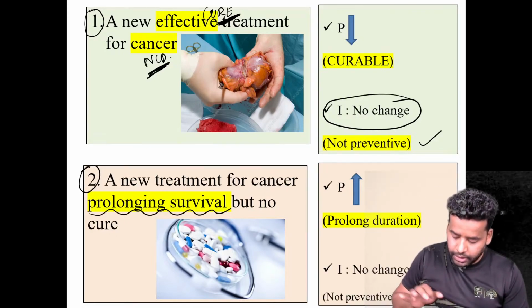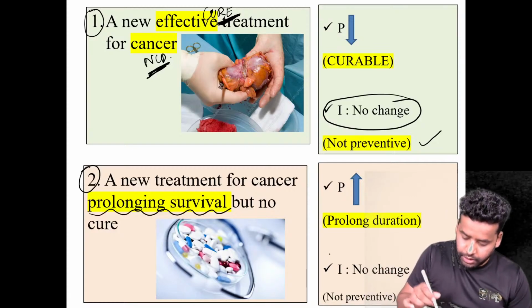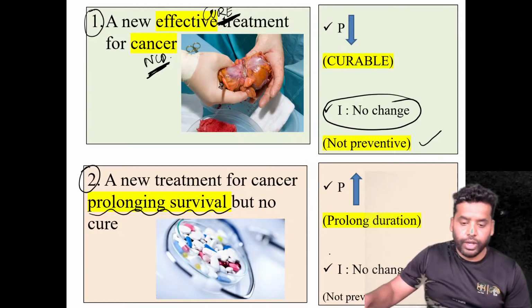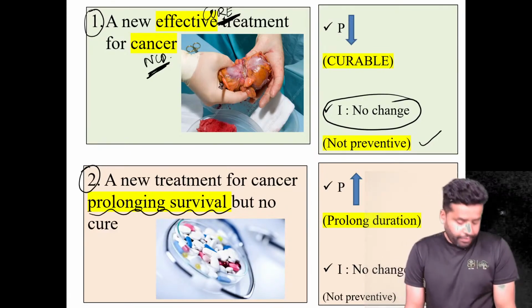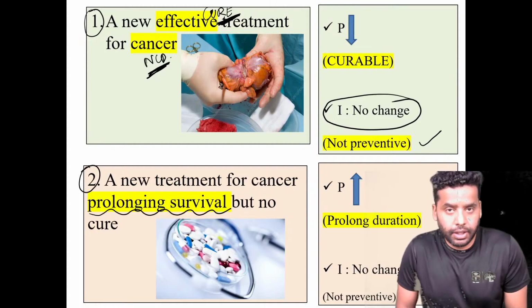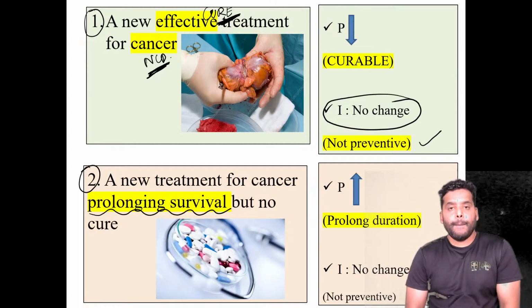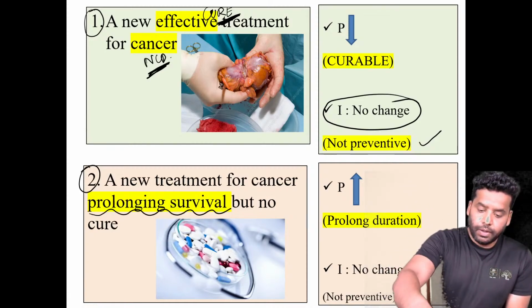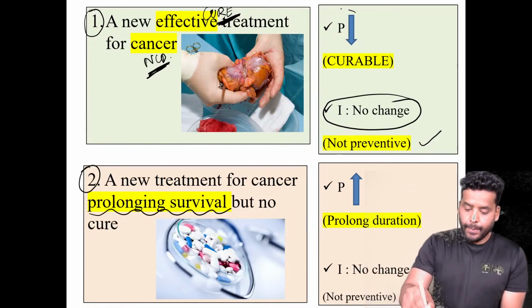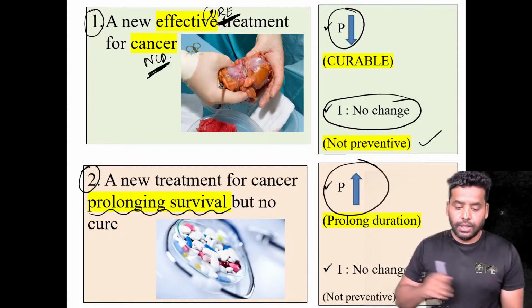So incidence, no change. Why will incidence not change in both the questions I'm asking? Because you are not preventing anything. So question number 1, prevalence will decrease. Question number 2, prevalence will increase.